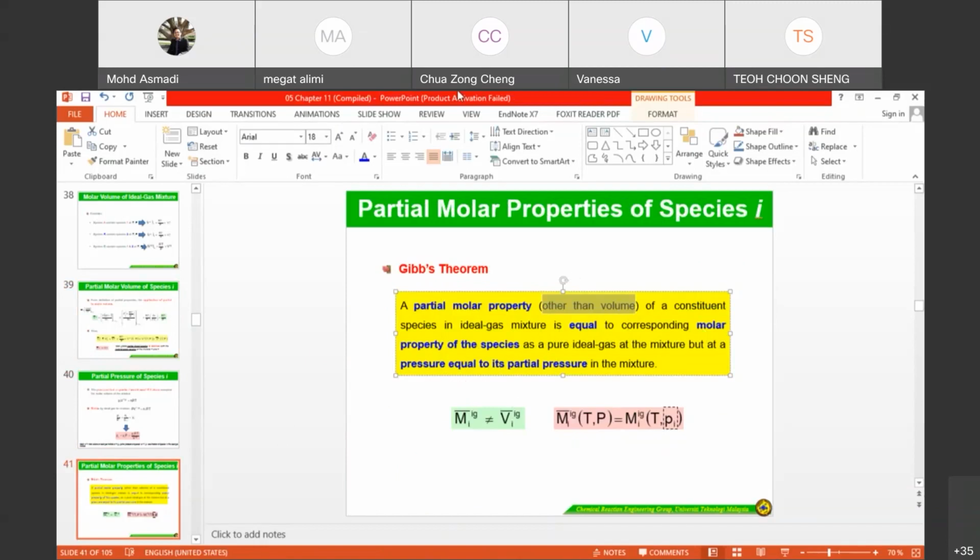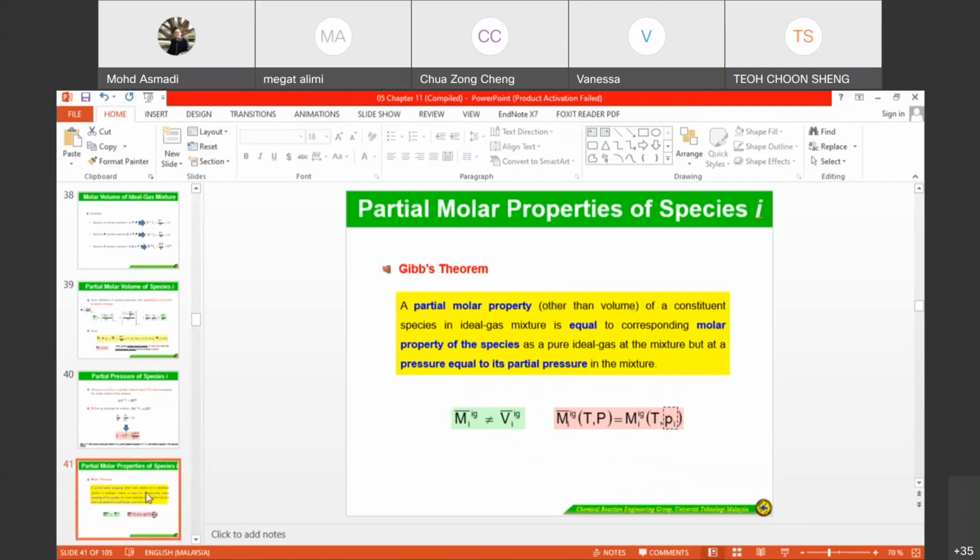So meaning that this M-bar_i^ig is not the same as V-bar_i^ig. For the volume, the partial molar volume is equal to the molar volume of the pure ideal gas. But this one is for U, H; it should be at the partial pressure of the mixture. For example, this one U, for species i, at the partial pressure.